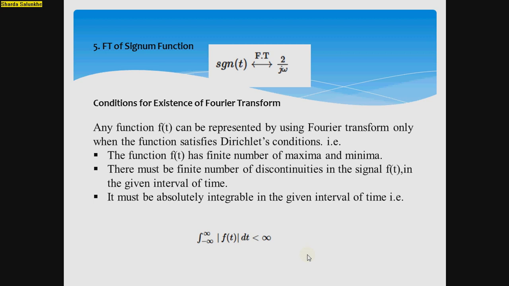The next one is the condition for the existence of the Fourier transform. Any function f of t can be represented using the Fourier transform only when the function satisfies the Dirichlet conditions.